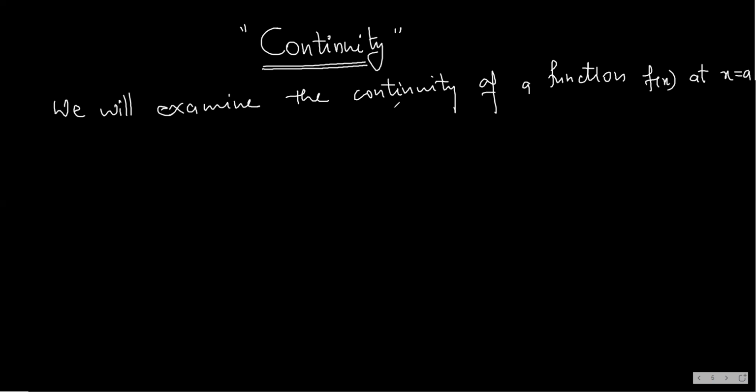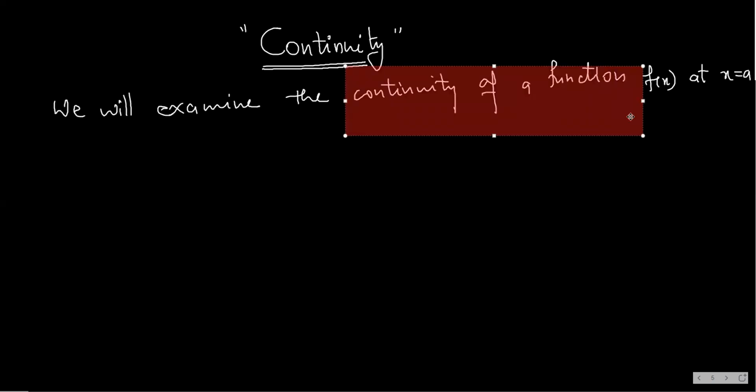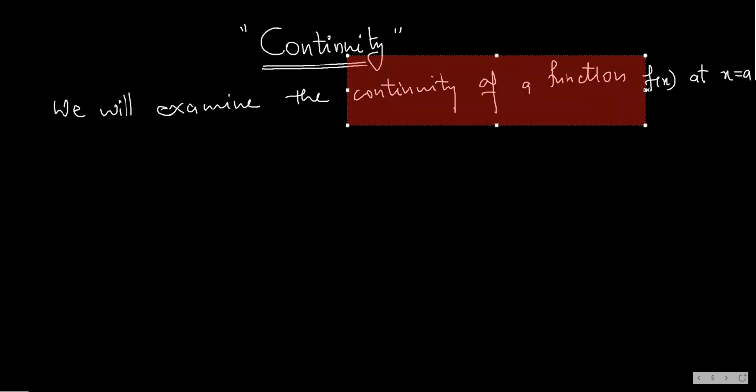In this statement, there are certain things which you are following and certain things you may not be following. You are not following the meaning of continuity of a function f of x at x equals a. Don't worry, I will tell you slowly.